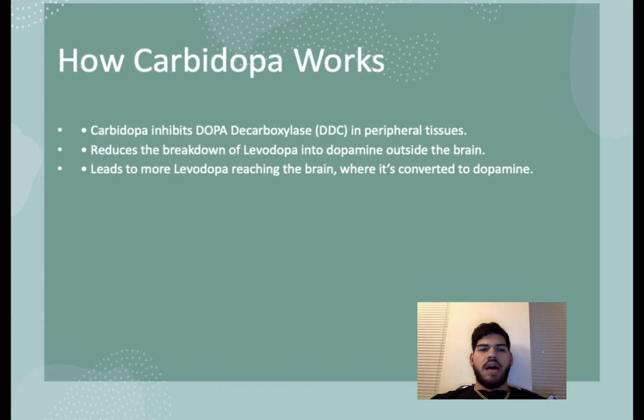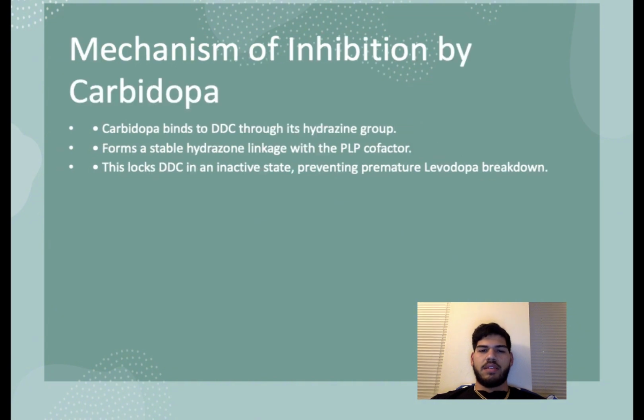So, how exactly does carbidopa inhibit the enzyme DOPA decarboxylase? Carbidopa has a unique functional group called hydrazine, which reacts with the enzyme cofactor PLP to form a stable linkage known as hydrazone.